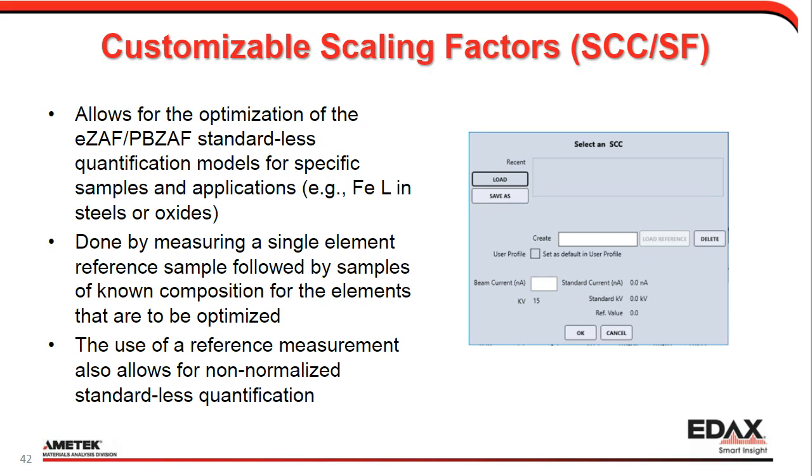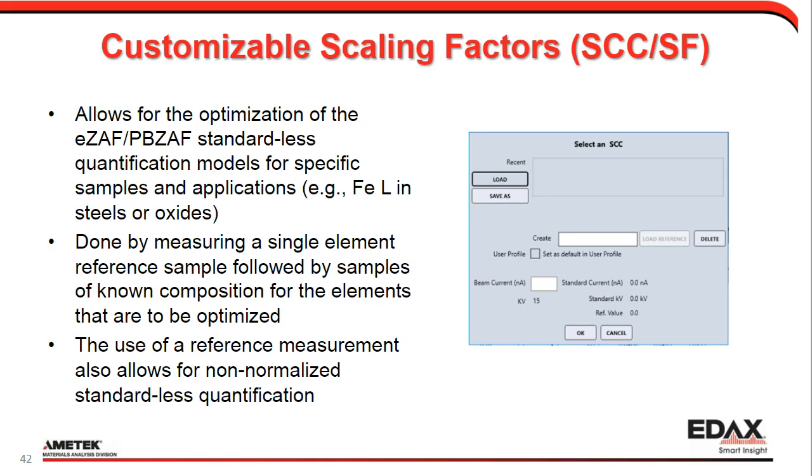When our model does first principle calculation of electron-excited photons for iron, this is an important parameter in the quantification model, we just take the average. This is what we think is the best for most applications, not necessarily the best for minerals or steels. So if you want to tweak the model for minerals, you can calculate the SCC factors specifically for minerals.